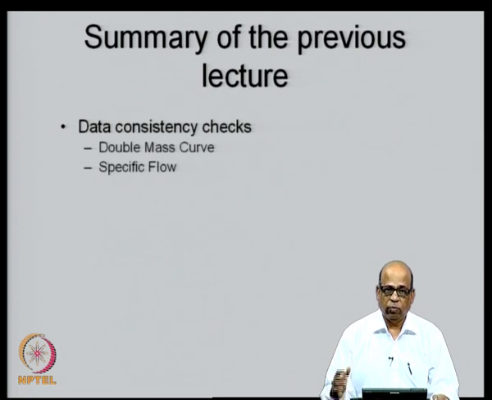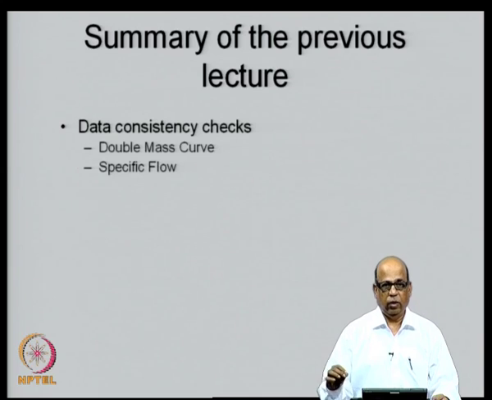Typically, we use this method of specific flows when we are dealing with the flow data, and double mass curve we can use both for rainfall as well as the flow data, which are the two major variables that we consider in most hydrologic applications.